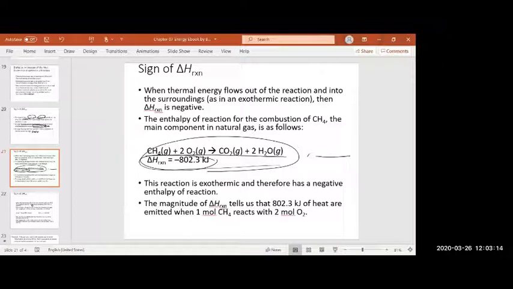And sometimes we include it in the equation. So here, for example, delta H is negative. That means it is an exothermic reaction. That's how they will write it down. If it's positive, it will be an endothermic reaction. But sometimes, as I said, they will include it in the reaction.